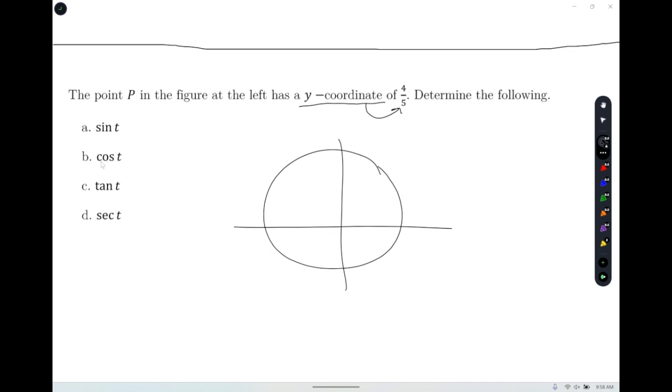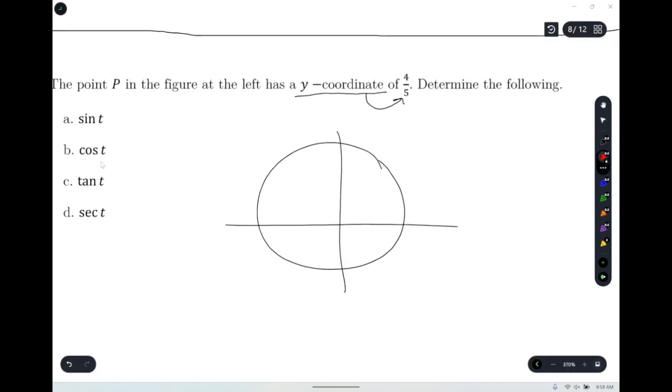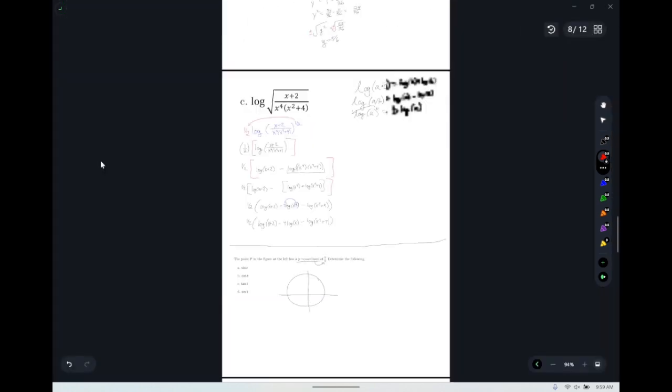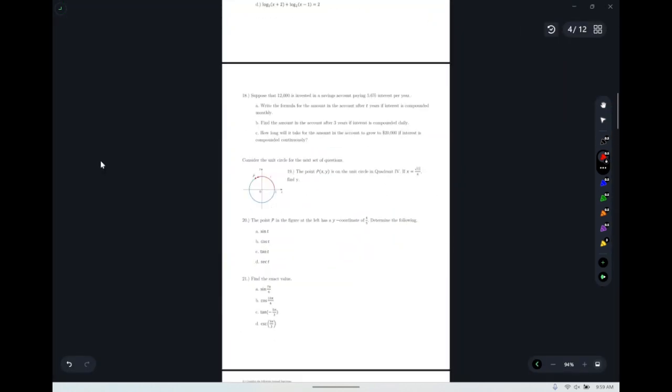Where is y 4/5? Can we do the x squared? Yeah, I think that's all we could do. But before we do that, I want to put a point where y is 4/5. It doesn't have to be perfect, but I want to know what I'm looking at. Actually, does it give you the picture? It's in part 1.